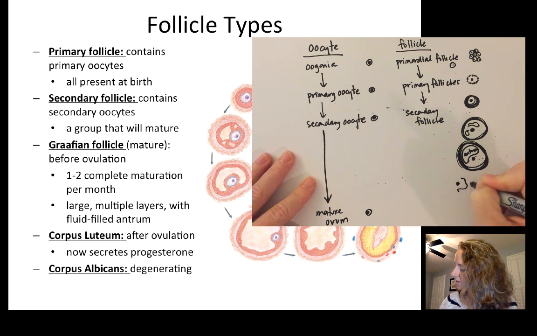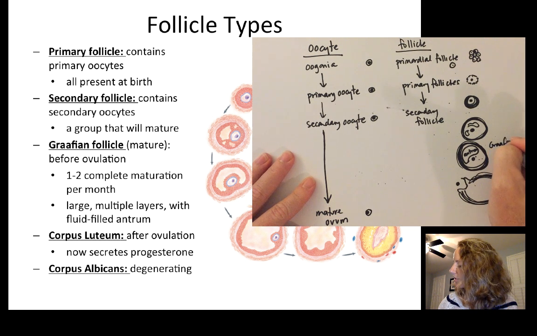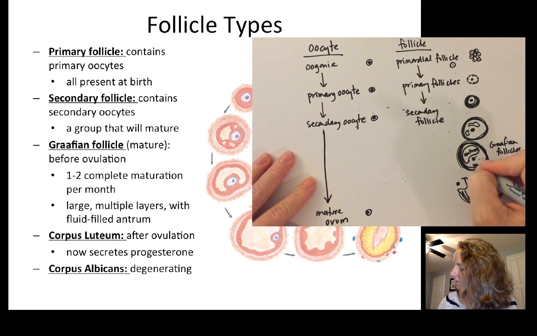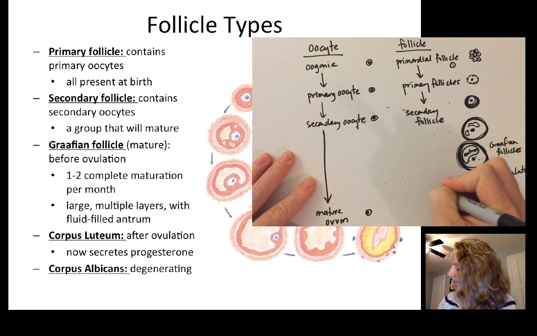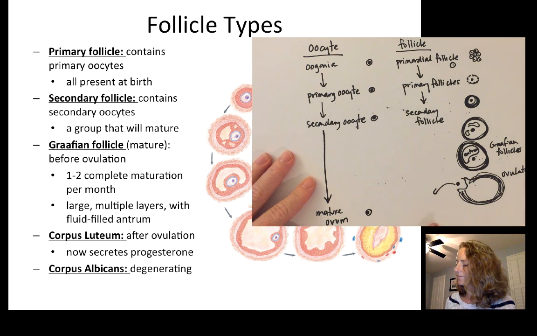So during ovulation, these mature follicles, which are also called Graafian follicles, will ovulate, and the egg will get released.